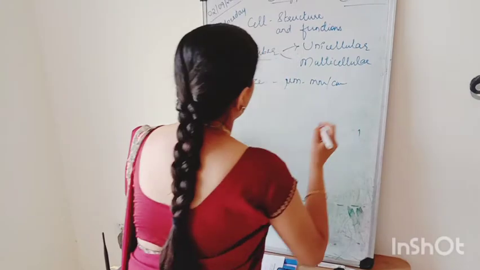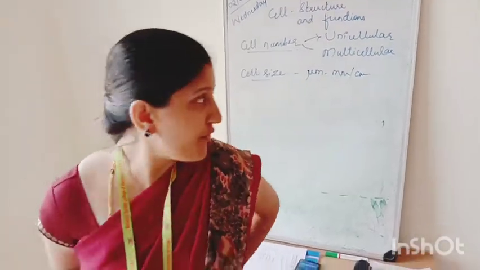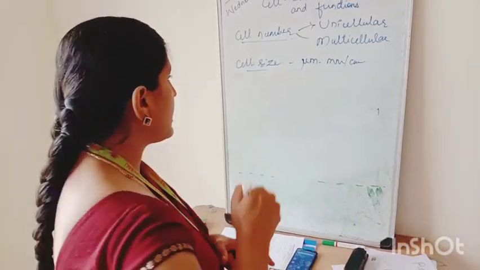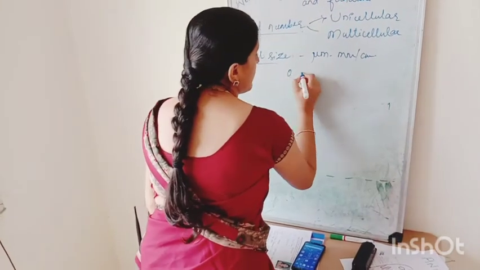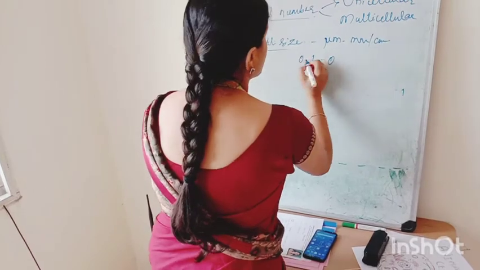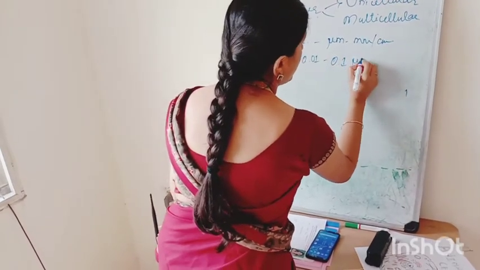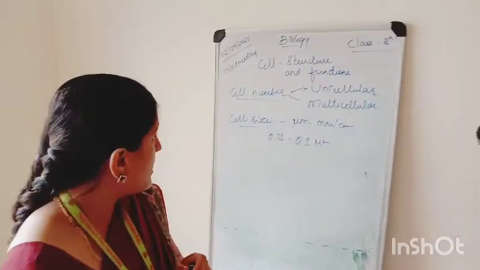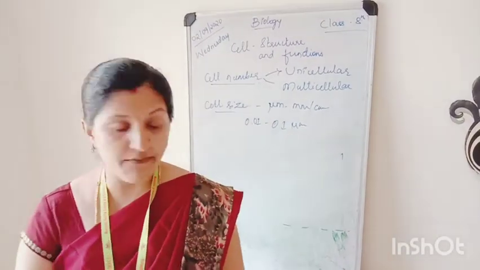In case of micrometers, we see bacteria in terms of micrometers. They may range from 0.01 to 0.1 micrometer or more than that. Based on that size, there are different variants.